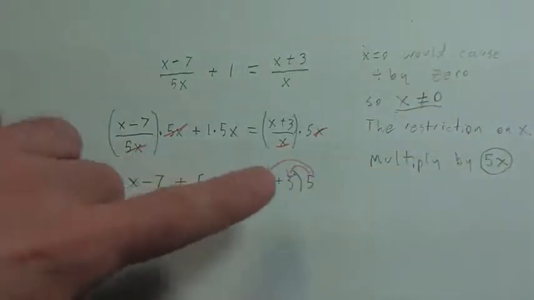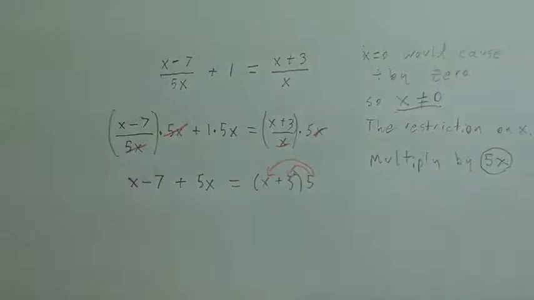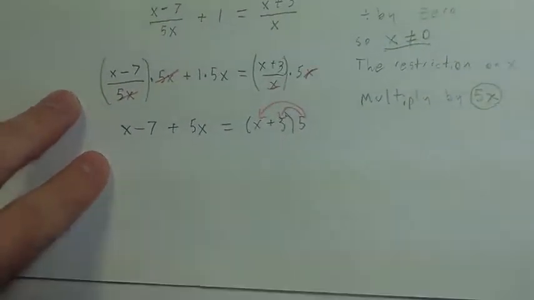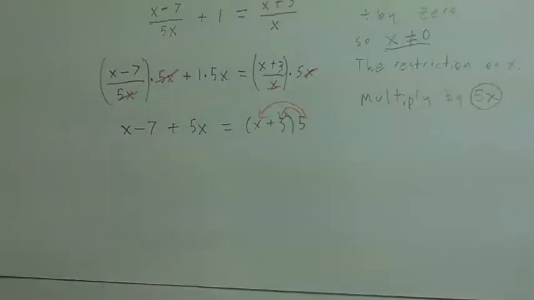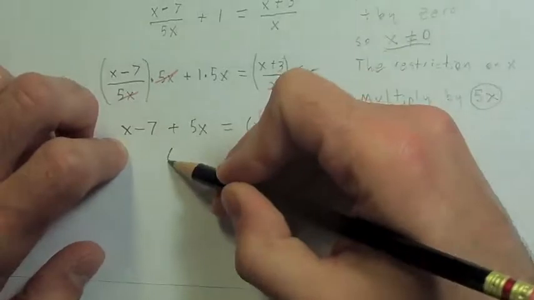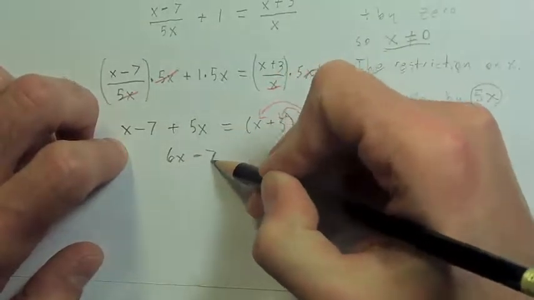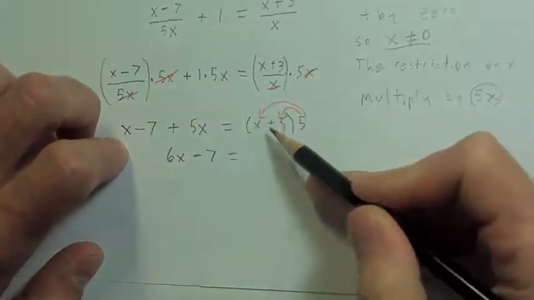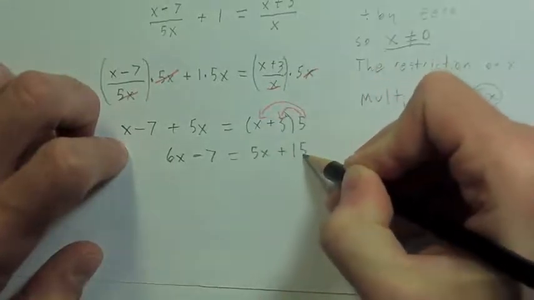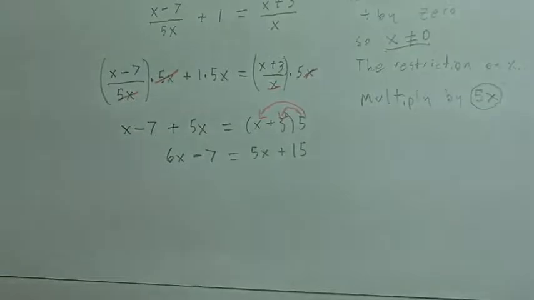So that's one thing to be really careful about when you have sums with x's in it, that those things left over distribute. Okay, so we'll simplify what we have. I have an x and a 5x, so that will be a 6x minus 7. Then distributing the 5, I'll get a 5x plus 15. Okay.